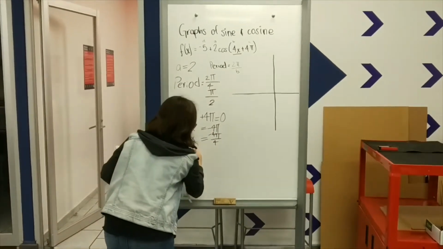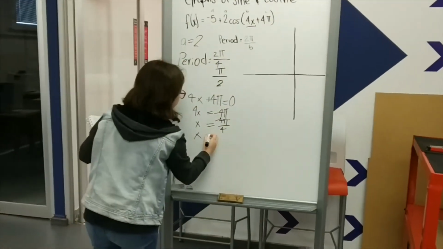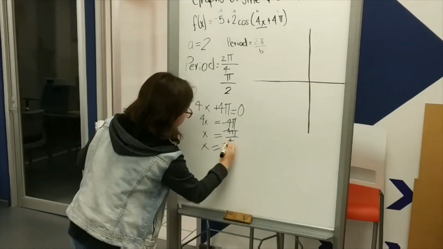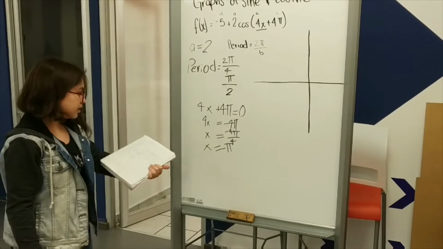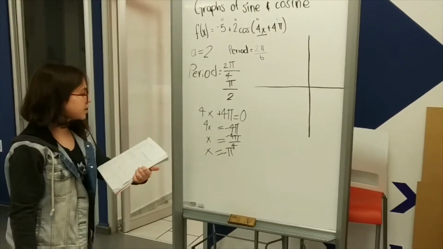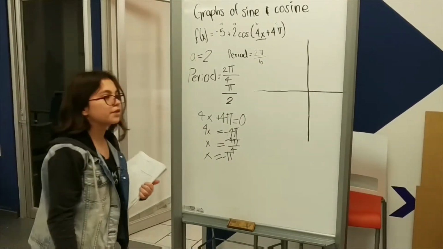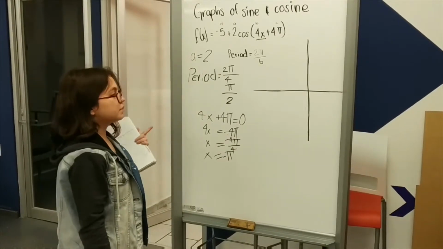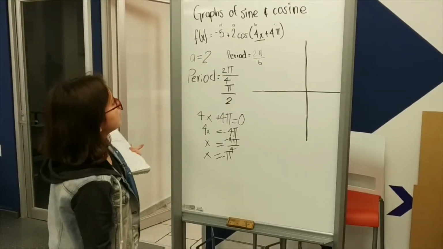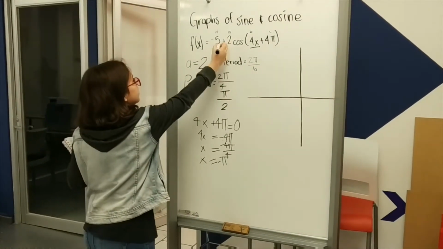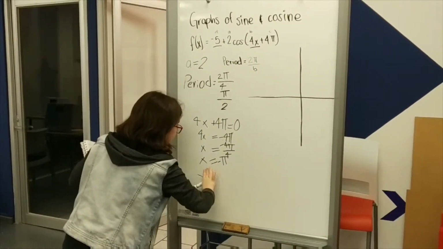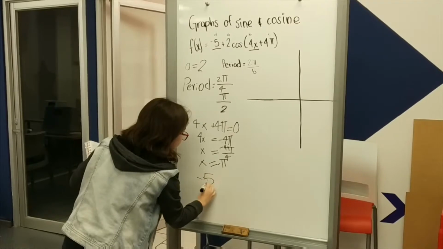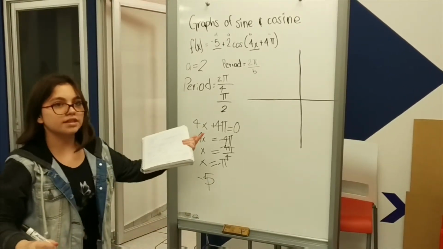Our x is equal to negative π. Afterwards, getting the horizontal translation, we got the last one of the factors we need. That is the vertical translation, the number d, that is -5. That's gonna make our number depend where it's gonna be the center.